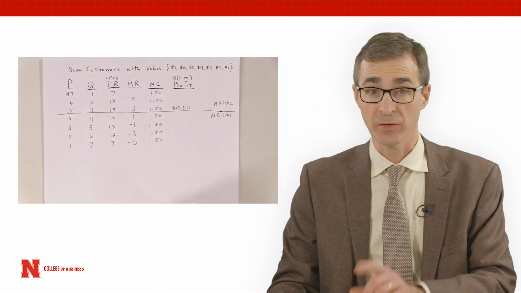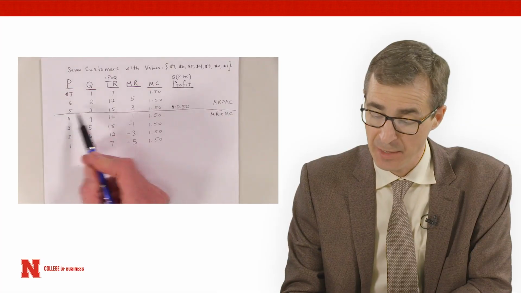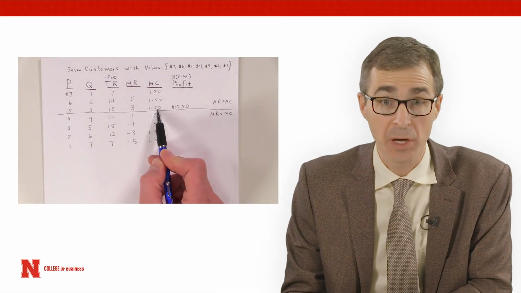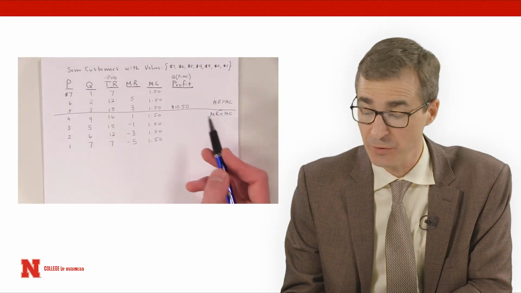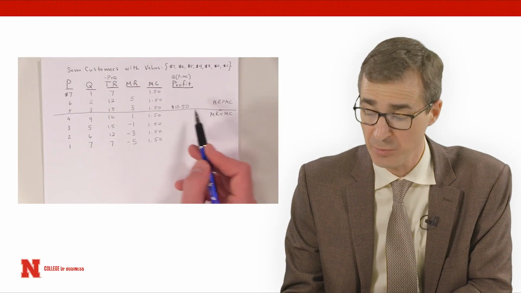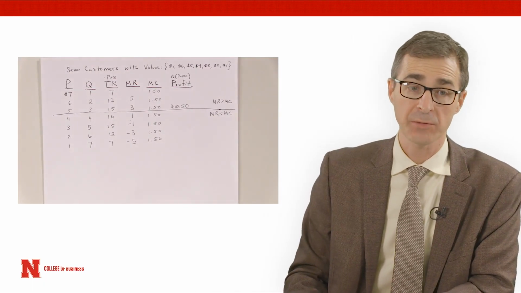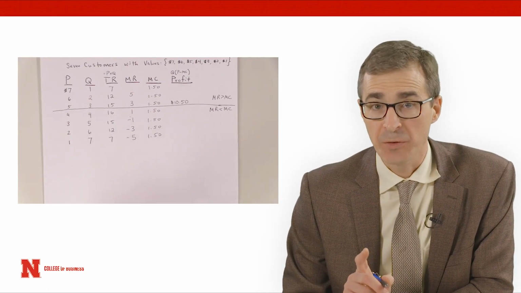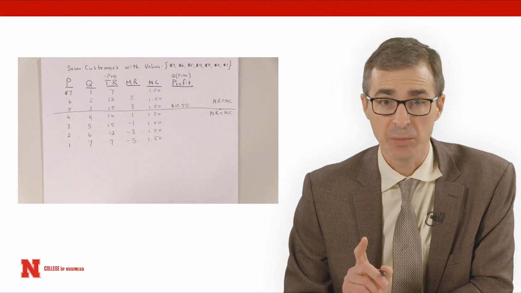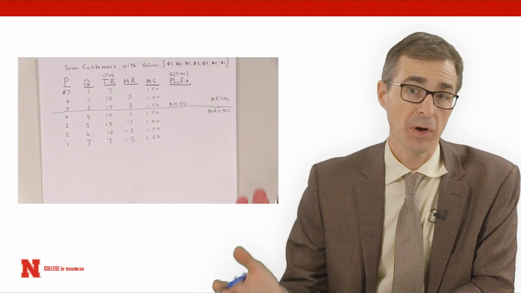Each unit generates a total profit of 5 minus 1.50, or $3.50. So another way to look at this is each of the 3 units generates $3.50 of profit for the total profit of $10.50.